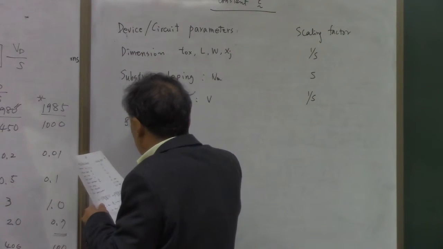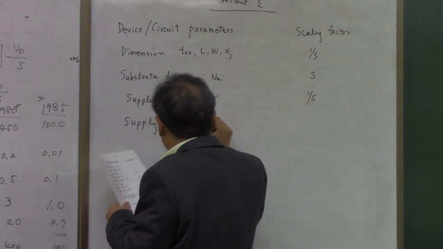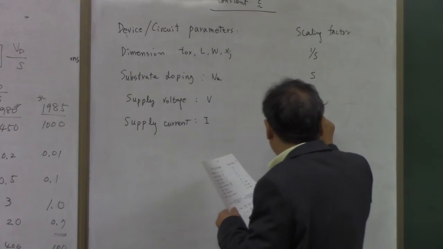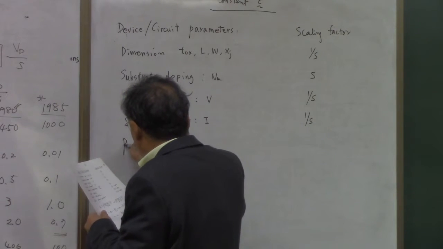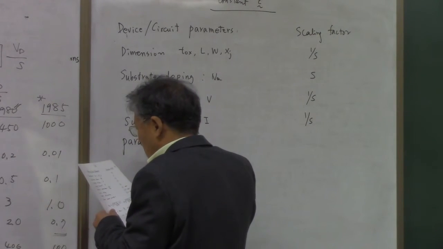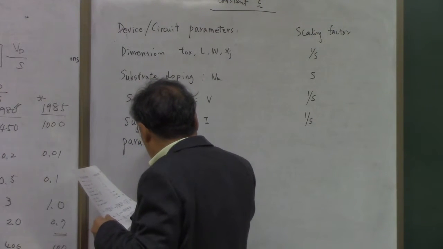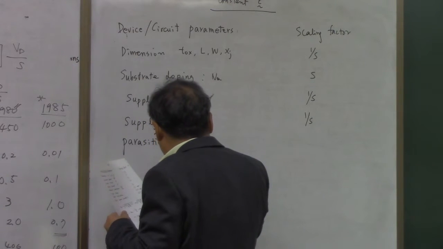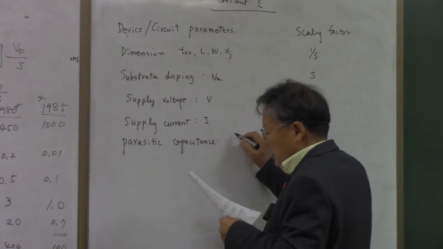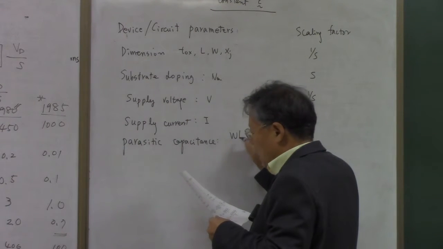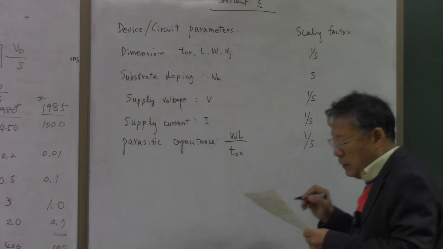Supply current is going to be reduced by 1 over S, and the parasitic capacitance, WL over T, is going to be reduced.